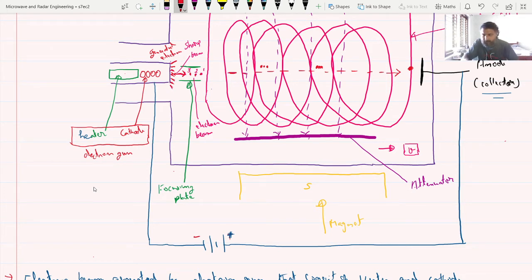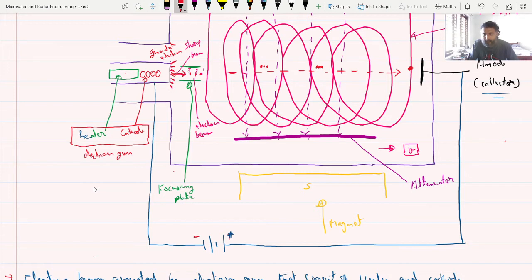So the focusing plate is focusing the electron beam generated by the electron gun. What does this focusing plate do? It will make the electron beam focus sharply.